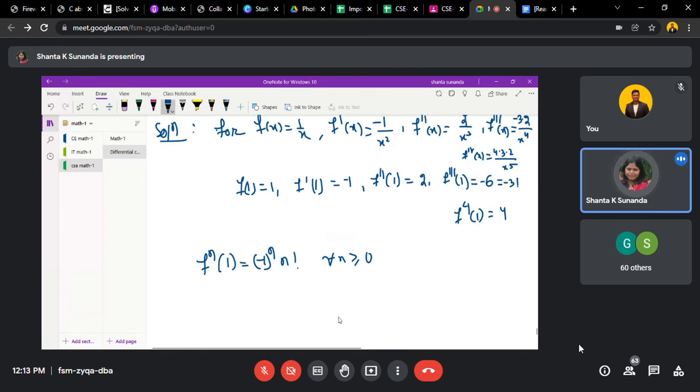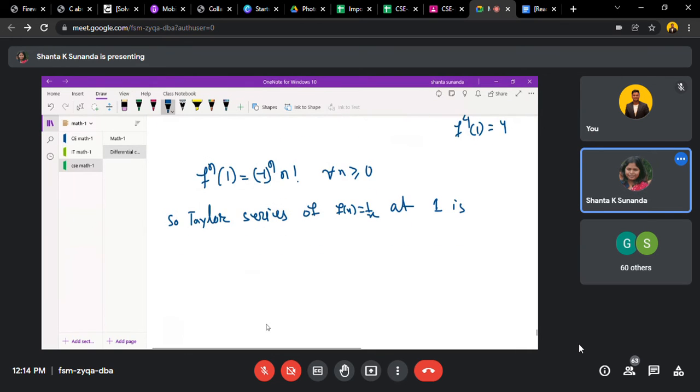Now we will look at the Taylor series. The Taylor series of 1 by x at 1 is f of 1 plus f dash of 1 times x minus 1, and so on.